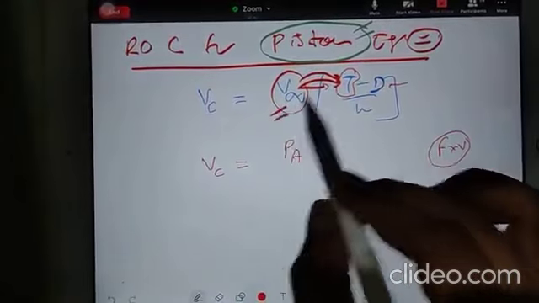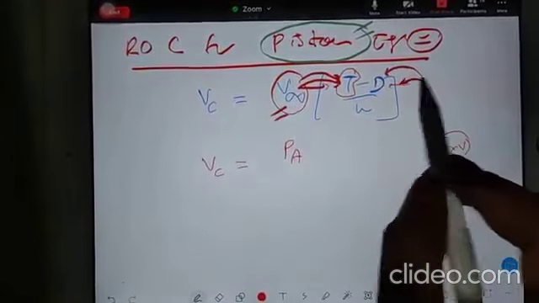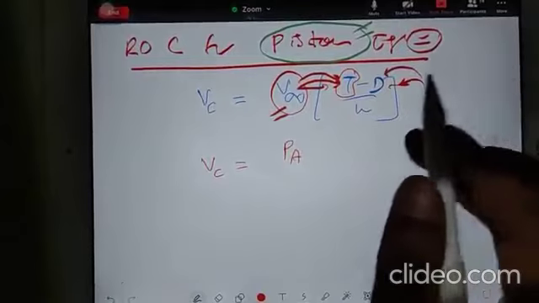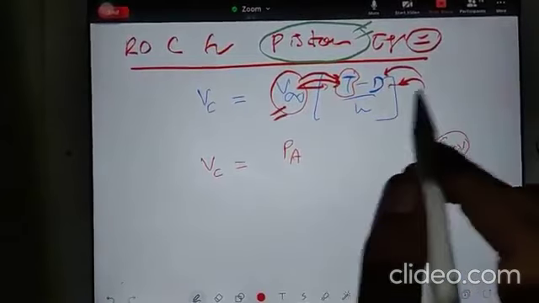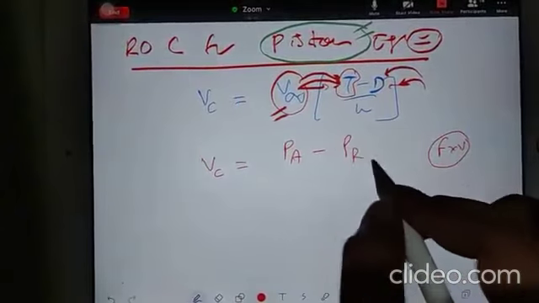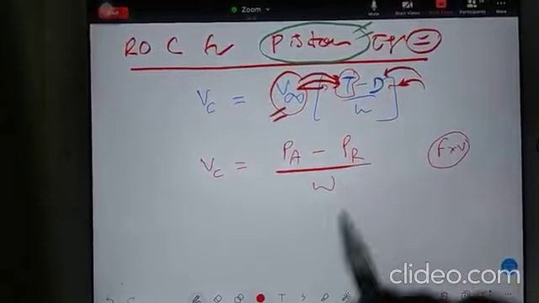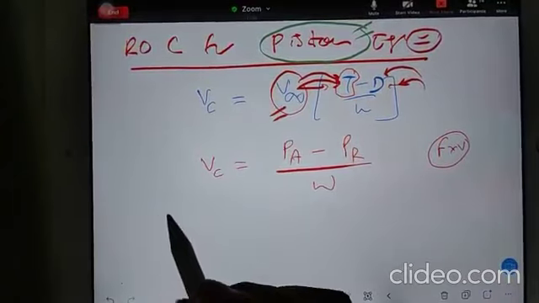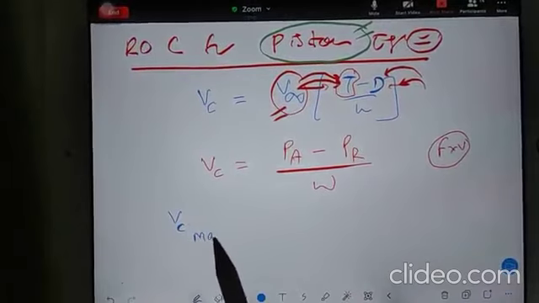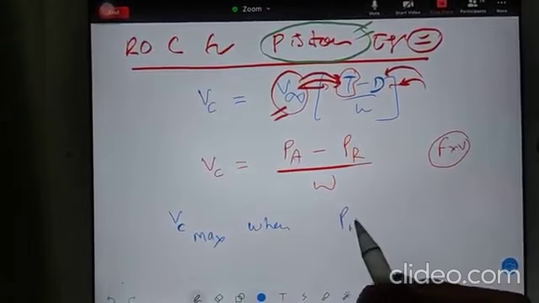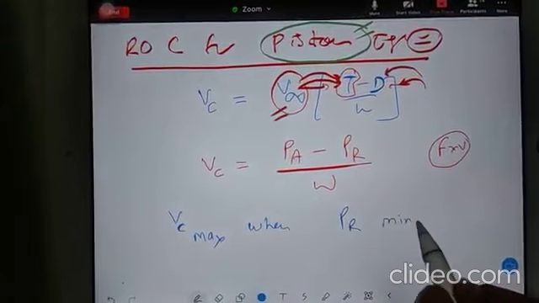And when you multiply this V infinity with D, D means the drag, whatever is required. According to drag only, we discuss our power and thrust. So this is your power required. Divide by weight. So from here you got the logic. Your VC will be maximum when power required will be minimum.